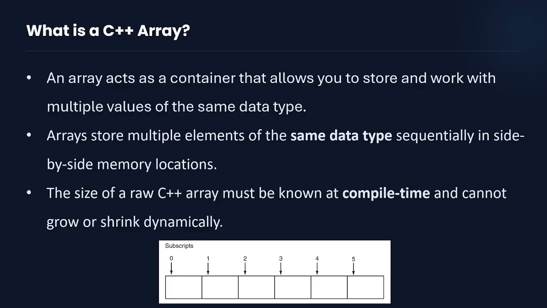All right, let's go to our second point. Arrays store multiple elements of the same data type sequentially in side-by-side memory locations, just as the image shows us.